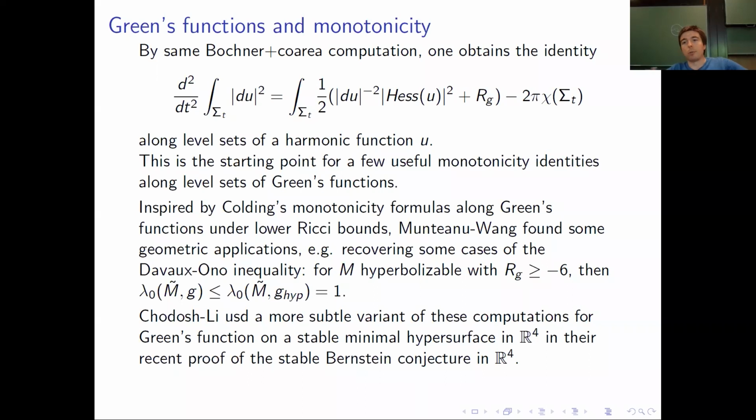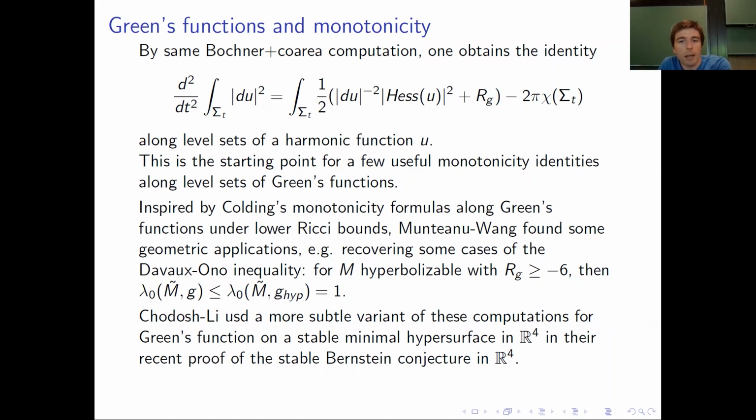So showing that if you have a stable minimal hypersurface in R4, they have to show that it has cubic volume growth, and then use that to deduce by work of Schoen-Simon-Yau that it has to be a flat plane. Okay. So I should mention that just a few days ago, they have a paper on arXiv where they're using mu bubbles to achieve the same result. And in fact, those methods seem to be maybe a little bit more flexible. So now they have a couple different proofs around of this stable Bernstein theorem, both by Chodosh and Li.